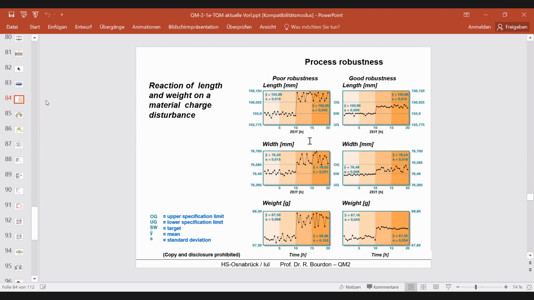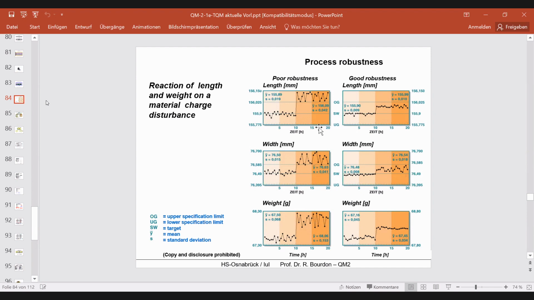And you see after 10 hours, the old material batch was changed because they didn't have any more material. The material was over, then they needed a new material batch. And this new batch caused a jump of the mean value and also an increase of the standard deviation.